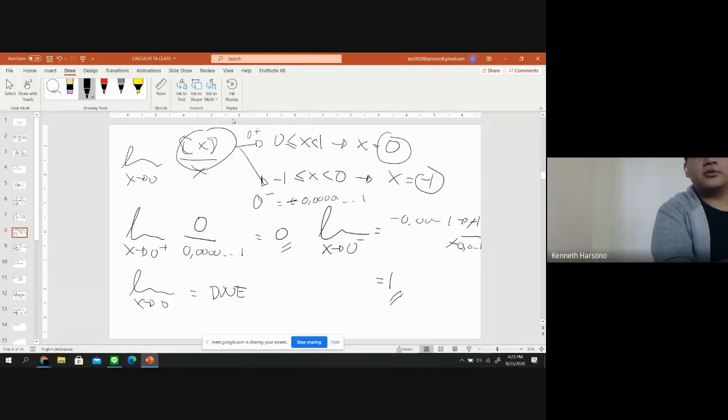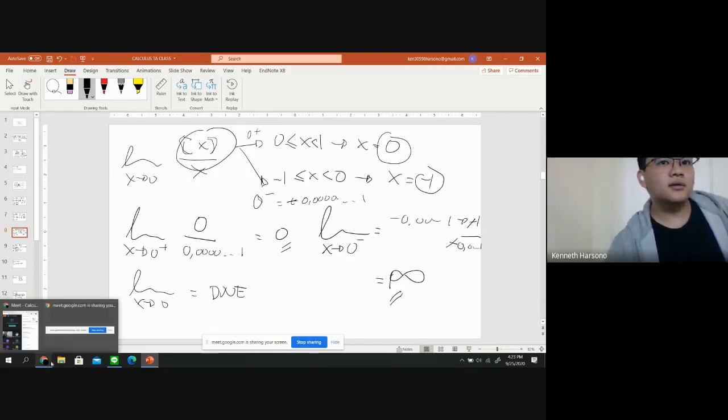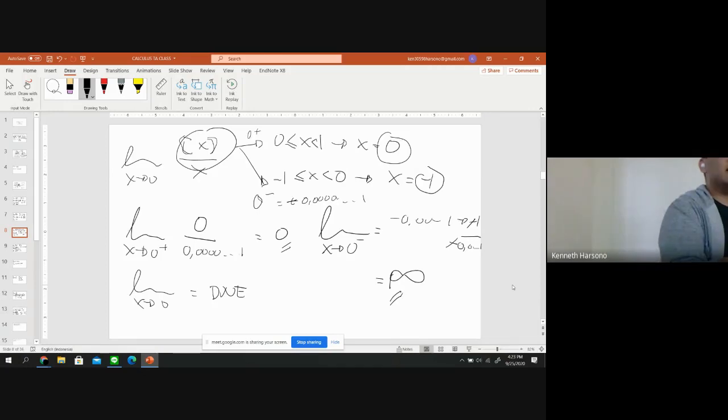Oh wait, this one is supposed to be infinity, sorry. So it's a number over something very small, close to 0, right? This one is supposed to be infinity. And so the limit from the right hand side and the left hand side are not equal. So the limit as x approaches 0 does not exist here.